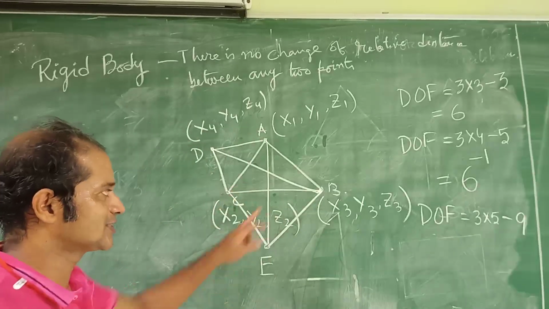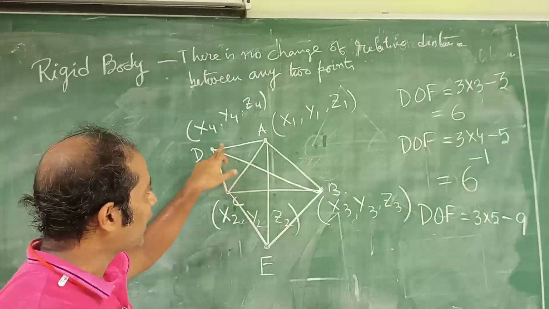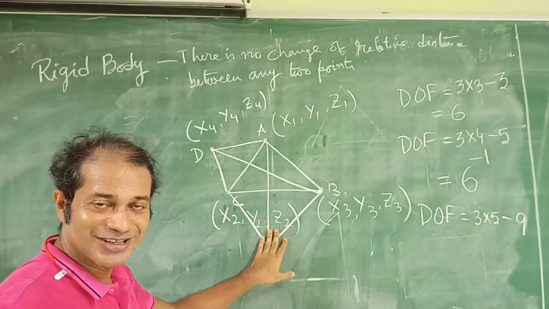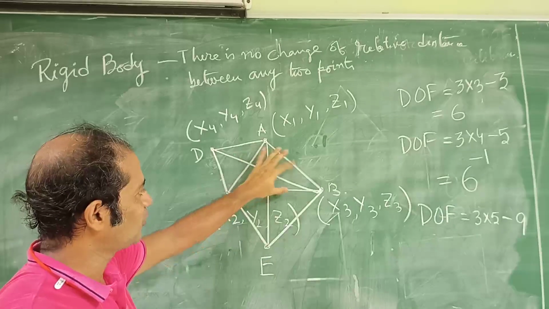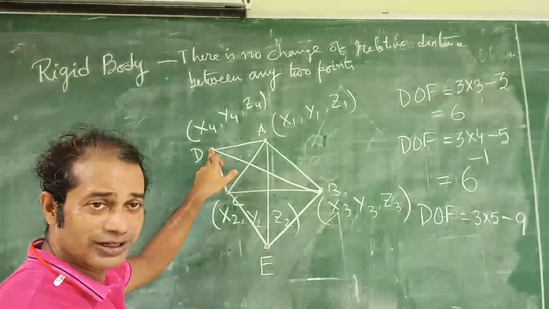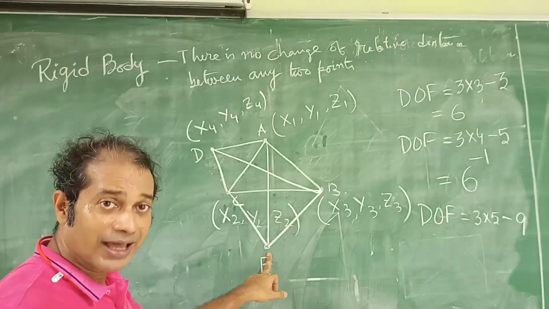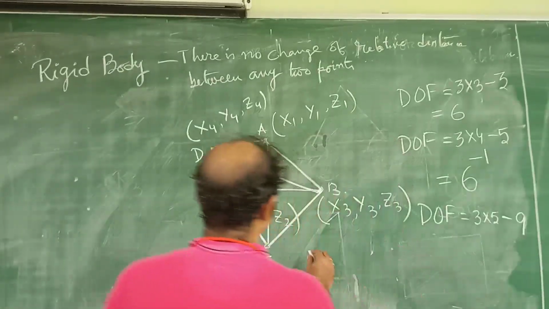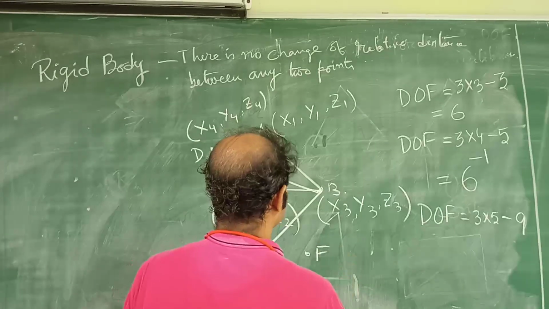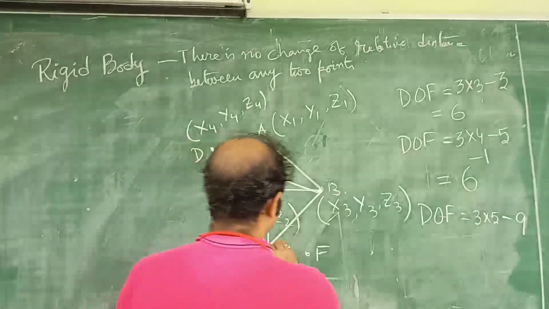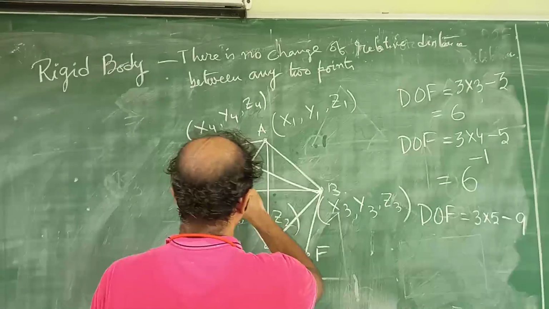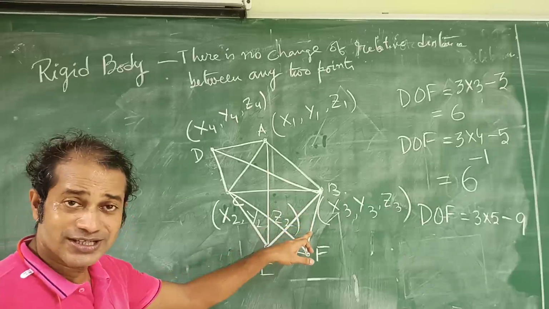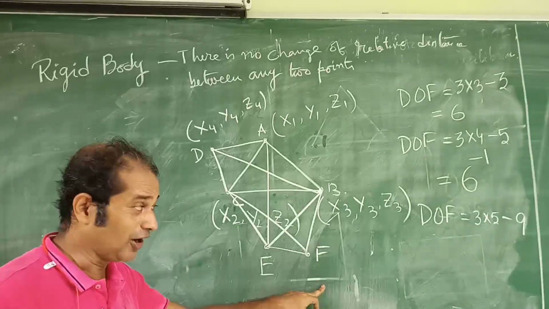For this triangle it is 3, plus 3 for this extra point, and 3 for another extra. So it constitutes 9. Now if I make another point F, once again I am going to take 3 constraints and I am adding 3 points.